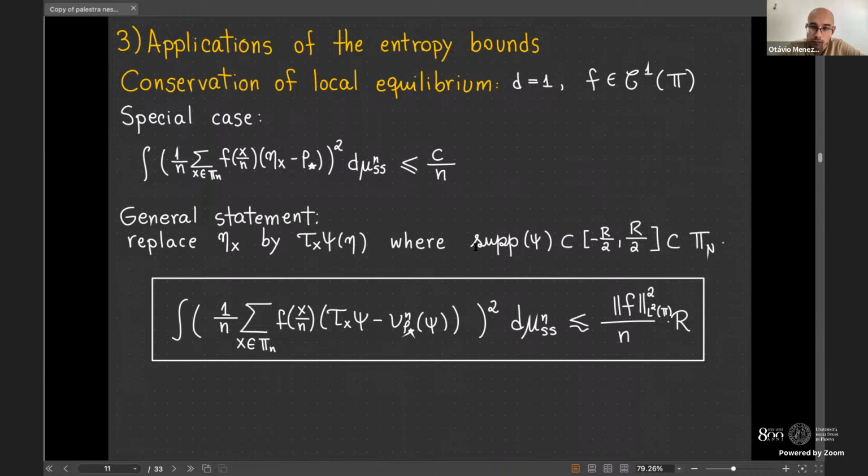and again, subtract not its actual expectation, but its expectation under the IID measure that is supposed to approximate the stationary state, test it against the test function, compute its variance, and again, we get something that behaves very well with the size of the system. And we also get some more explicit error terms here.